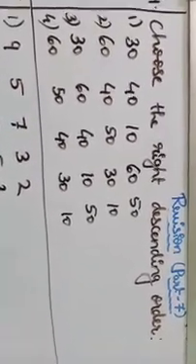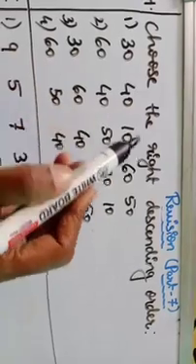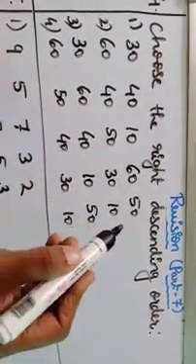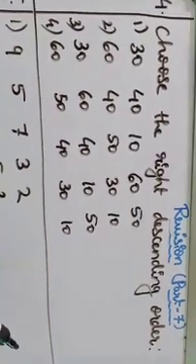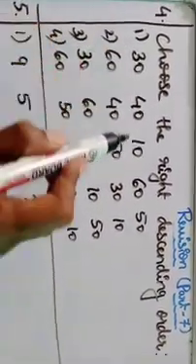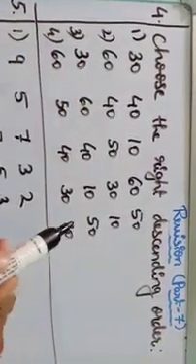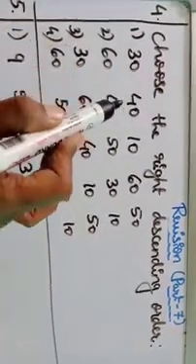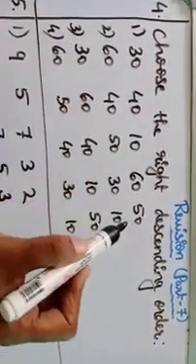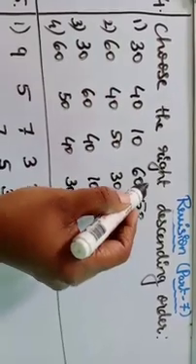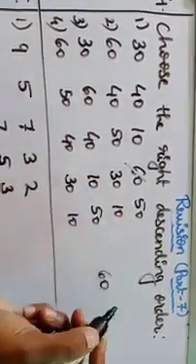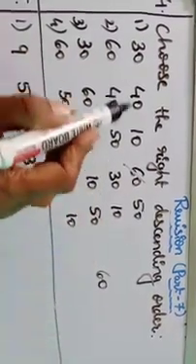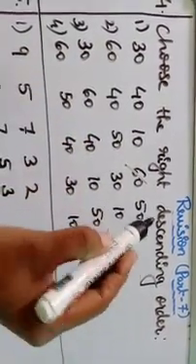The first line is 30, 40, 10, 60, 50. In this line, which is the greatest number, children? Yes, 60 is the greatest number. Cross out and write here 60. The next, which is the greatest number? 50.